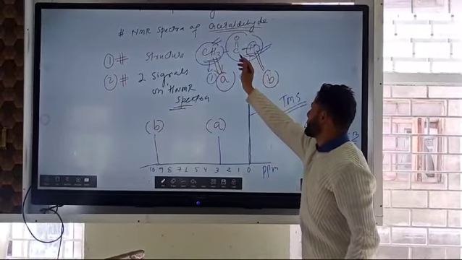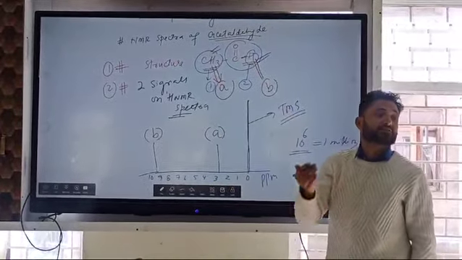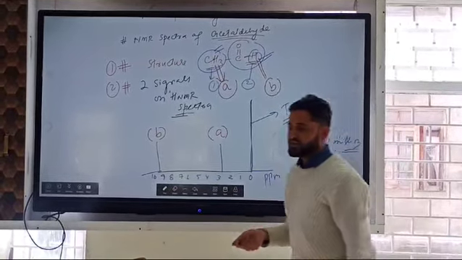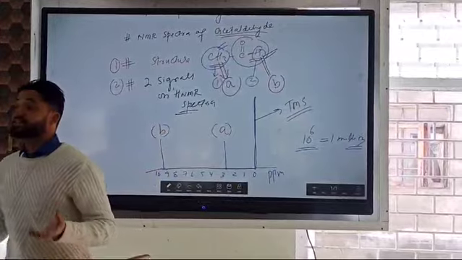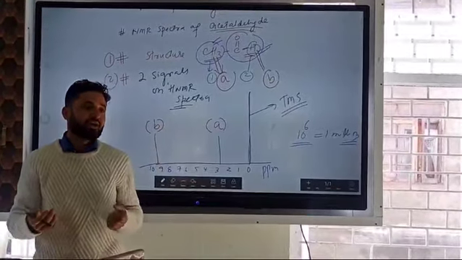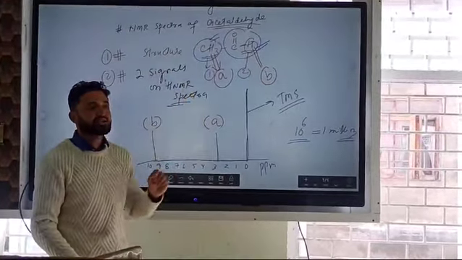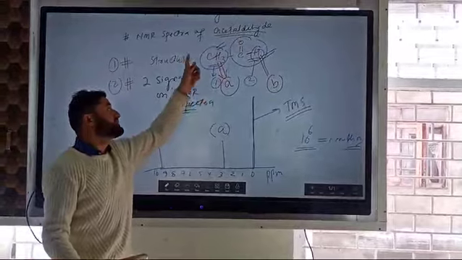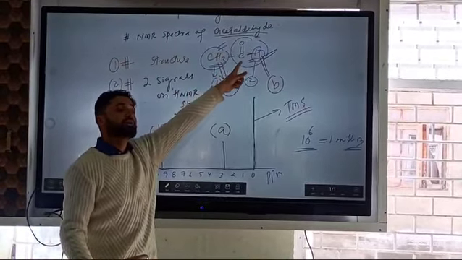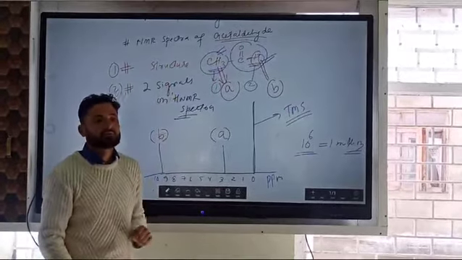When the electron withdrawing group takes all the density towards itself, this proton is basically naked, and it feels the external magnetic field to a greater extent as compared to the protons of the methyl group, which are not directly connected to the carbonyl group, but are connected to the carbon, right?